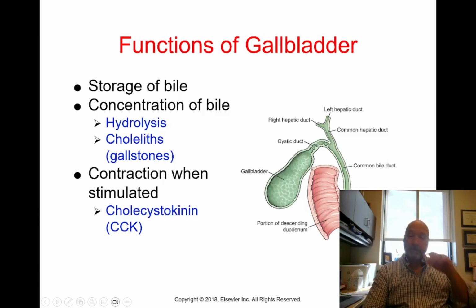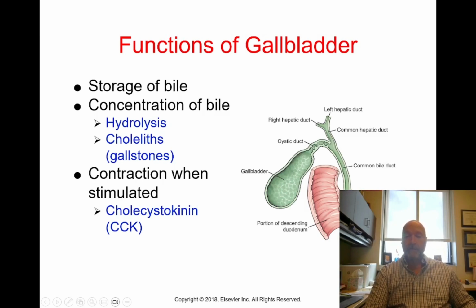So the most common problem that we're going to have with the gallbladder is the presence of stones. Again, cholecystokinin is what causes that contraction, so that the bile will come up out of the gallbladder, through the neck, into the cystic duct, down the cystic duct, into the common bile duct, into the ampulla of Vater. That's this area right here, and that's the sphincter of Oddi.